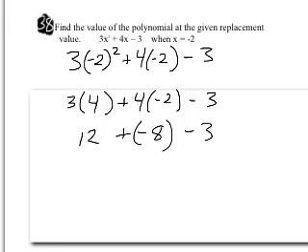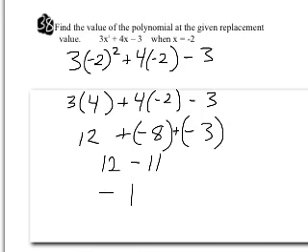Okay, so let's add our negative numbers together. This is a plus of a negative 3, right? So we have 12 minus 11, which is 1. Answer is 1.